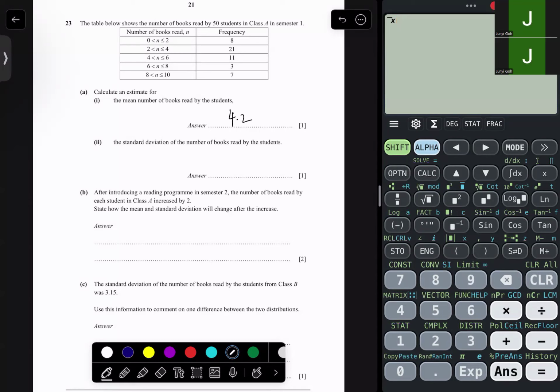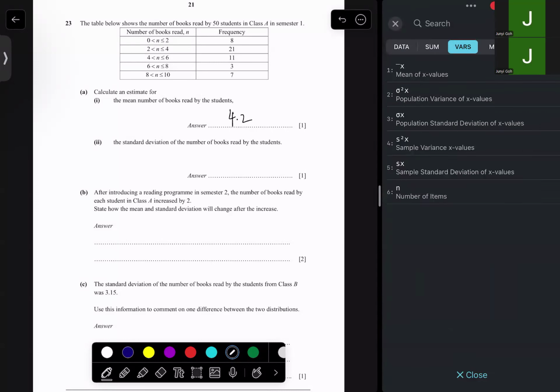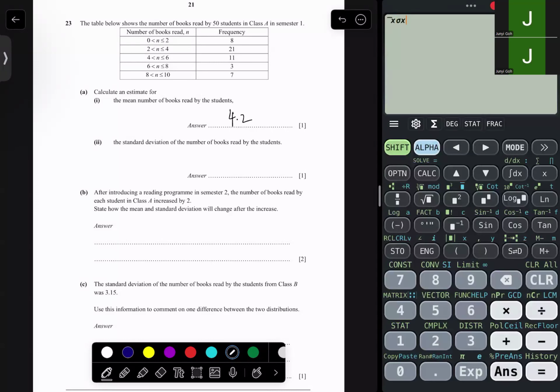Okay, so then we, okay, standard deviation. Okay, 2.465 or 2.47, right? After introducing a reading program in semester 2, the number of books read by each student increased by 2.